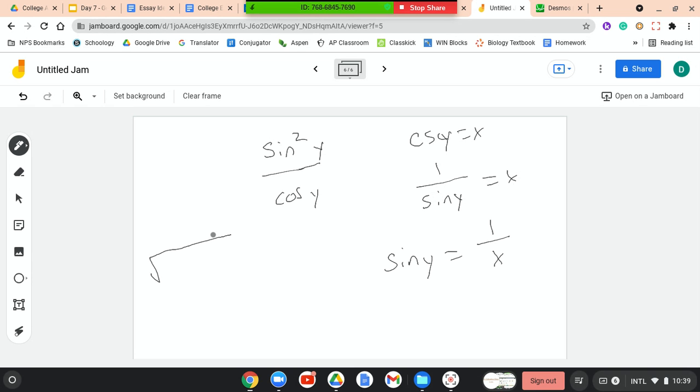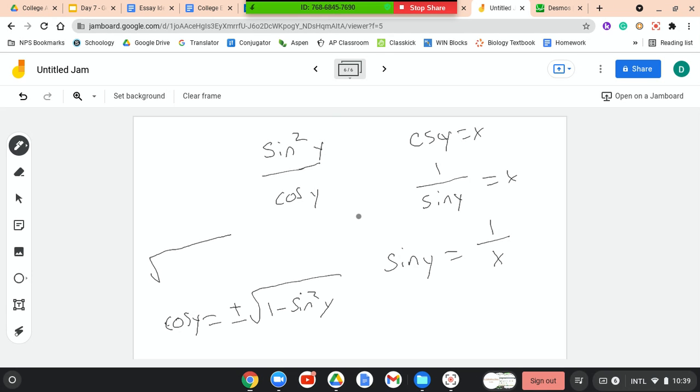Is it plus? I think it might be plus or minus here. Yeah, I think it's plus or minus. So I could say the cosine of y equals plus or minus the square root of 1 minus sine squared y.